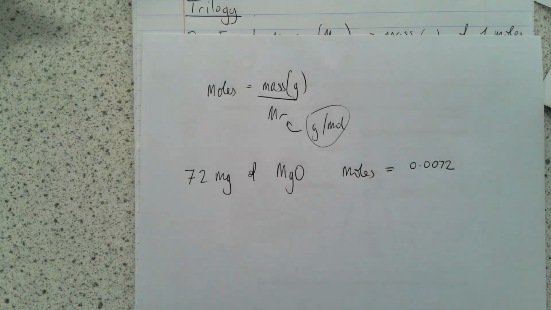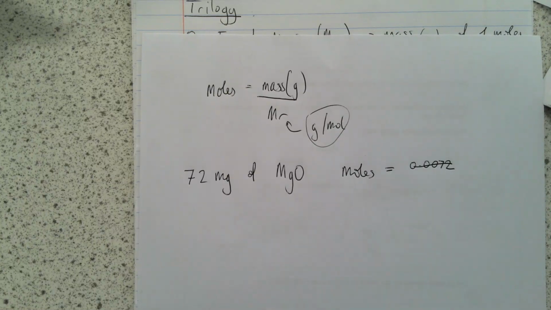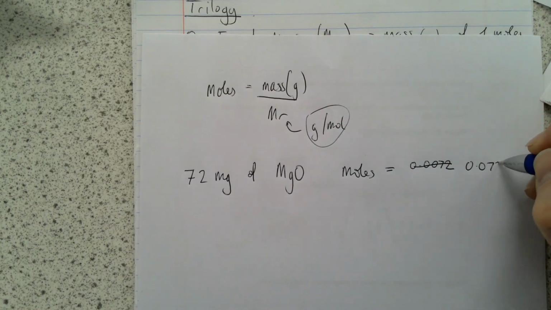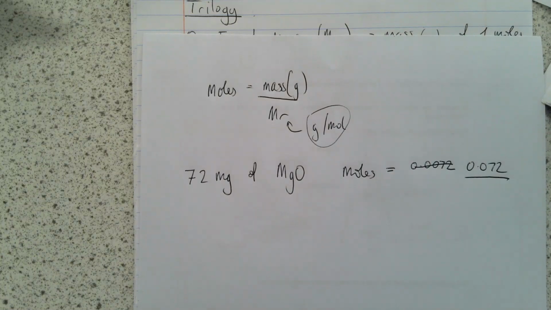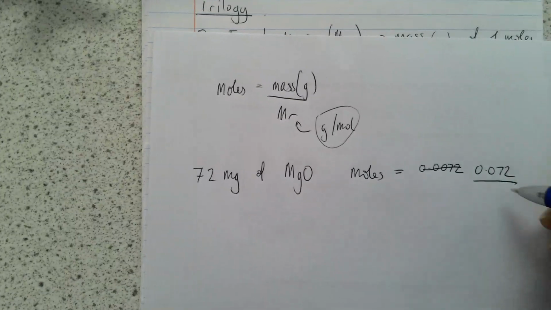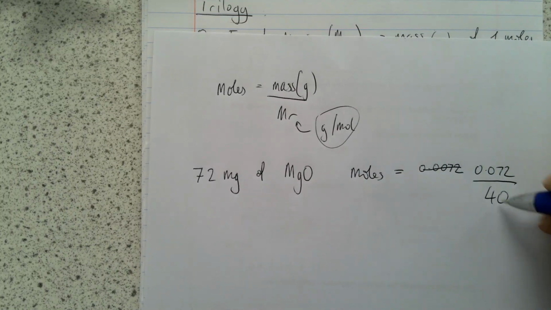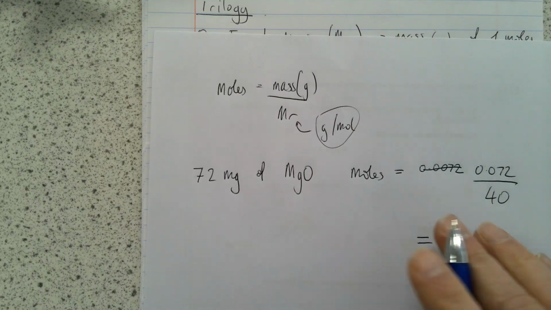Have I got that right? I think I've got that wrong, haven't I? I've messed it up. It's 0.072, surely. Just going to check it, make sure. 0.072 divided by the formula mass of magnesium oxide, which is 40, and then you get the moles by doing that. So you must convert to grams first.